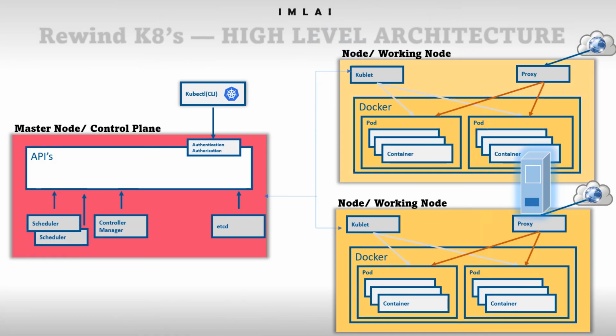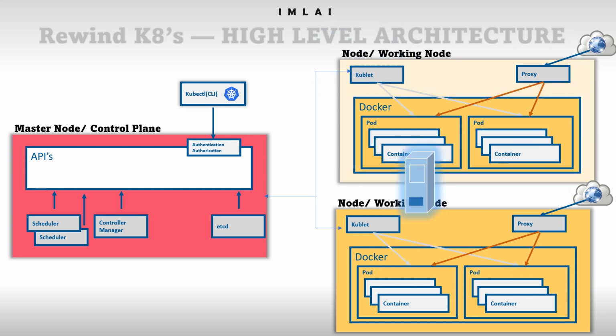These are the components of a working node, specifically, not just a node. If you say node, it means a working node. If you want to talk about a master node, you have to specifically mention either master node or control plane, whereas a normal node is also known as a working node.